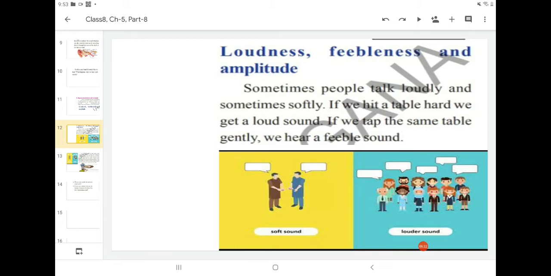Sometimes people talk loudly and sometimes softly. If we hit a table hard, we get a loud sound. If we tap the same table gently, we hear a feeble sound. Why is it so?